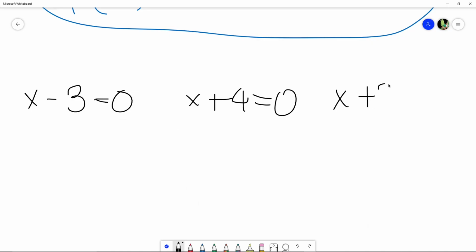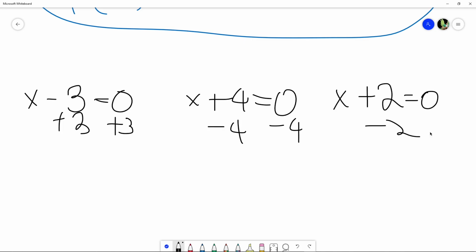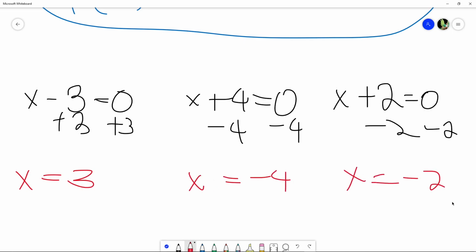Plus 3, minus 4, minus 2. Right, okay. So x is equal to positive 3, x is equal to negative 4, and x is equal to negative 2.